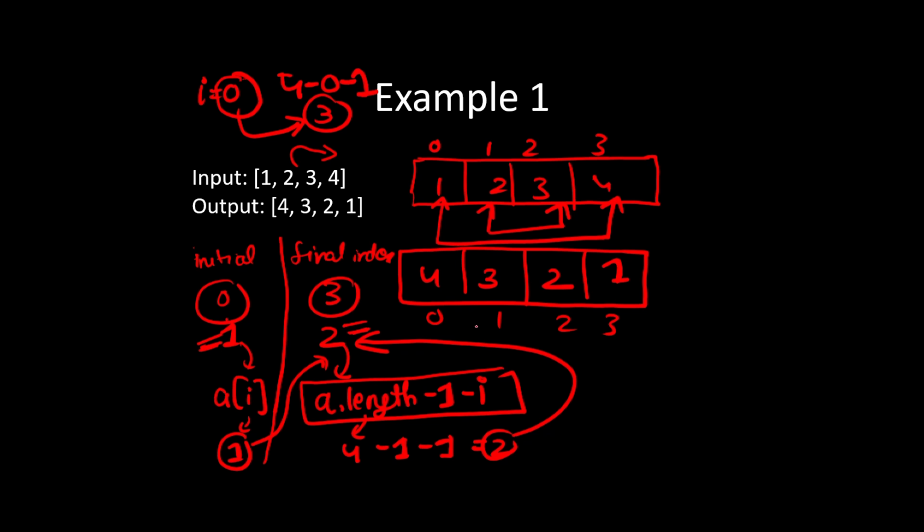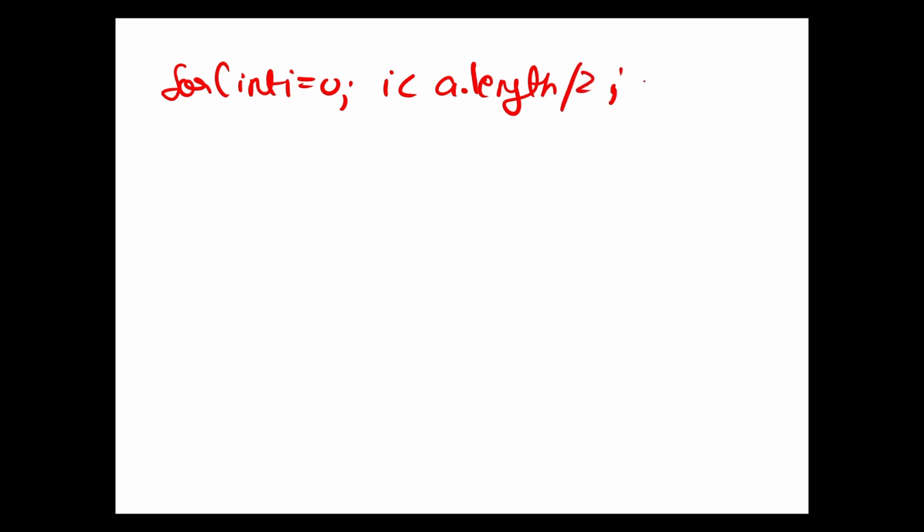So now it will be clear how we will do the swapping part. You will traverse from 0 till half of the length of the array, because if you go the full length then you will get the initial array only.